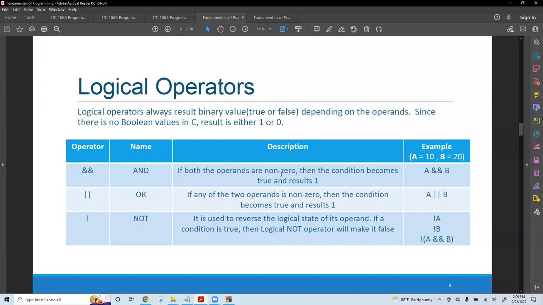Right. So next category, logical operators.